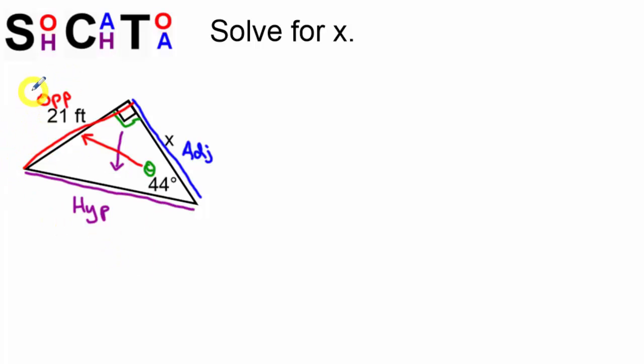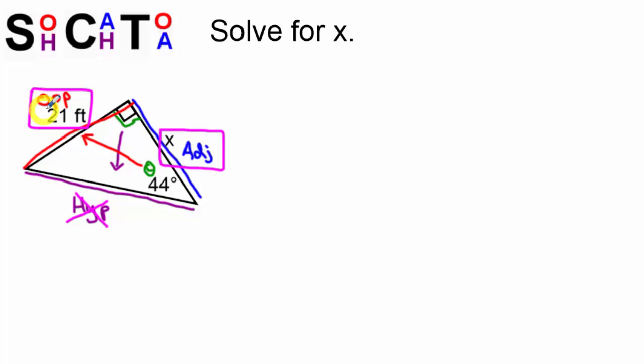In this particular problem, the 21 feet is a measurement that we need to use, and so the opposite side is important, and same with the variable x. On the adjacent side, we're going to use the variable x. The one side that's not relevant is the one that's blank. So notice how on the hypotenuse, there's no measurements there, there's no variable there, and so that one we're going to ignore for this problem.